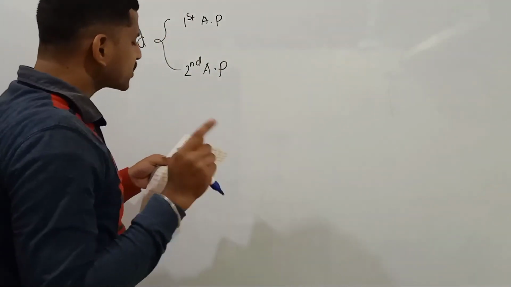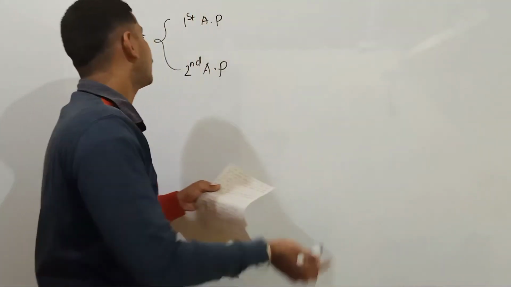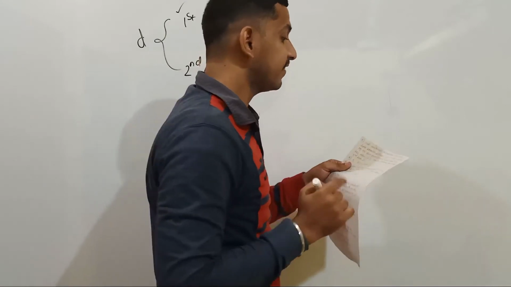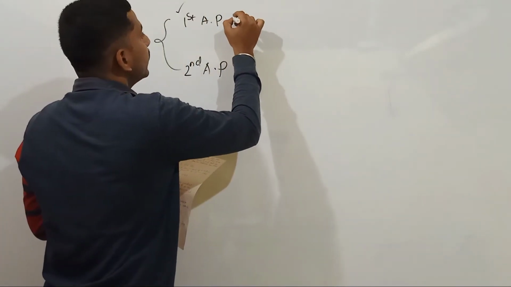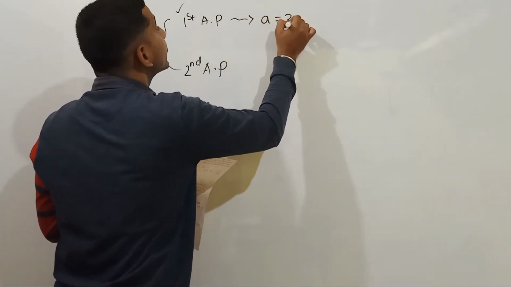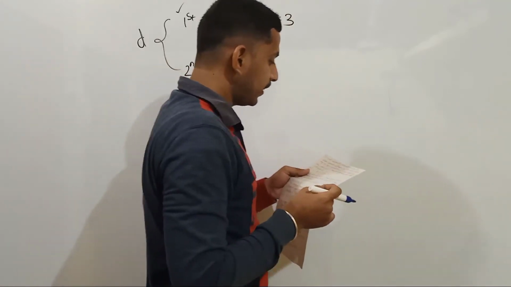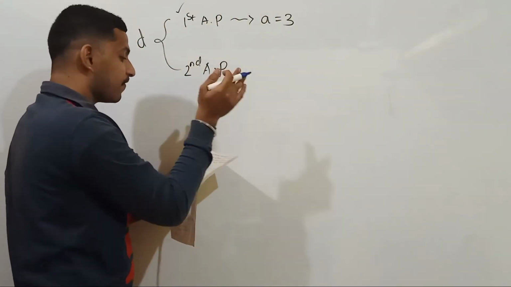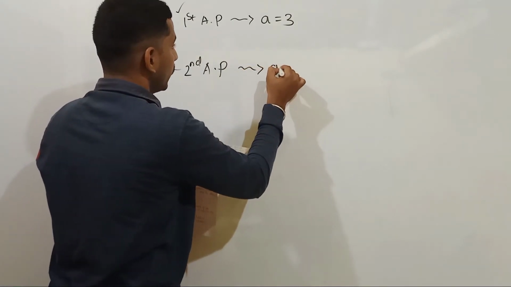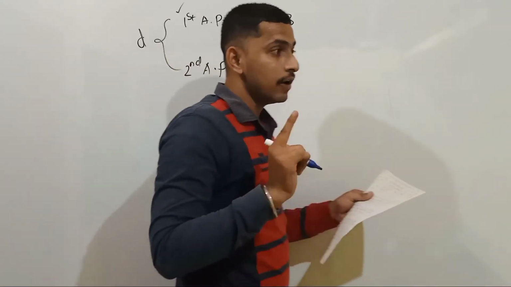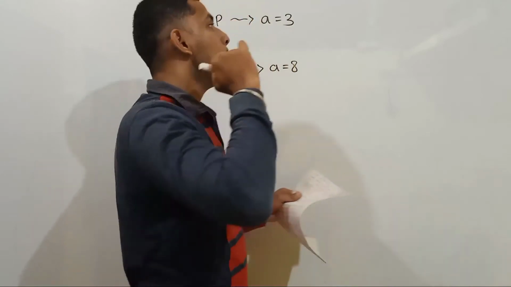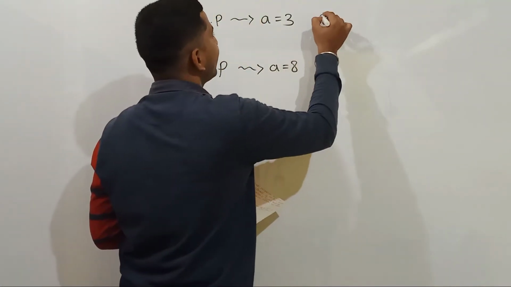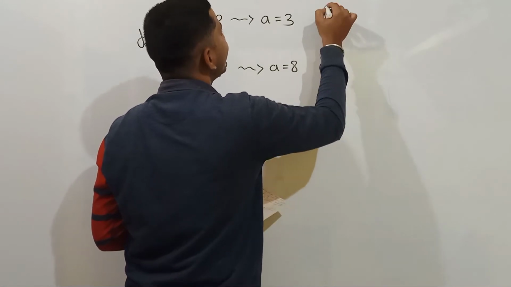It is said that the first term of the first progression is 3. It means its first term A is 3. And that of the other, the second AP's first term, is 8. Please remember that both the APs have the same common difference, let us assume it as D.